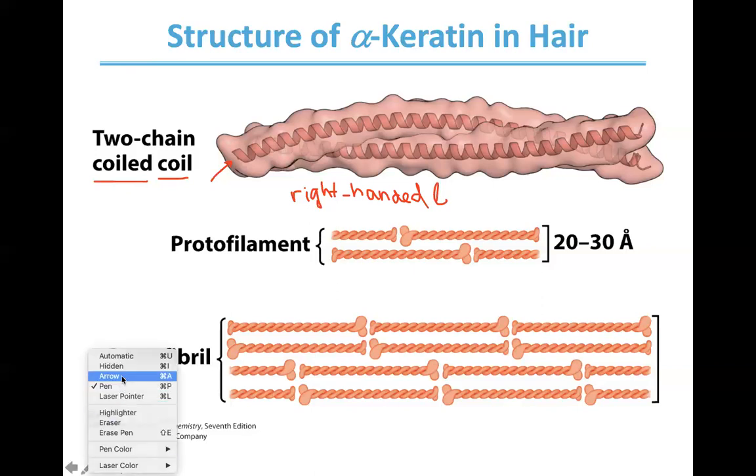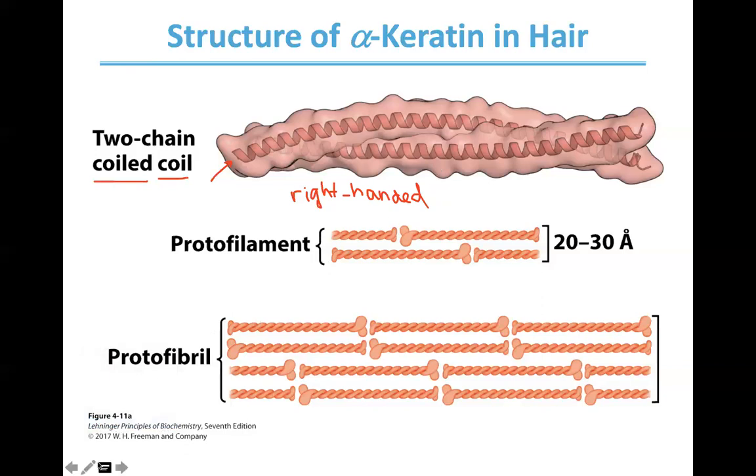Both of these helices form another coil, which are wound around each other in left-handed mode.